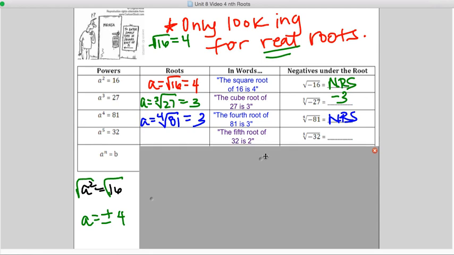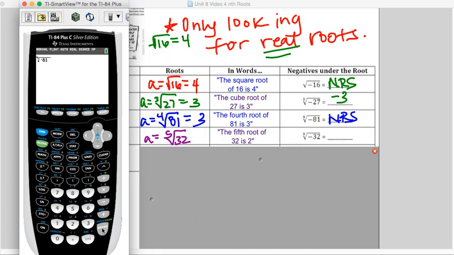Now we're going to do a to the fifth is equal to 32. So we have a is equal to the fifth root of 32. If you do that one on your calculator, you would type 5, go to math. That's the fifth root of 32.